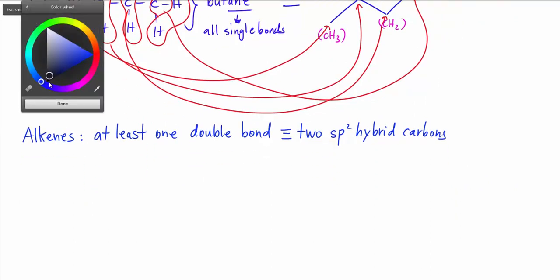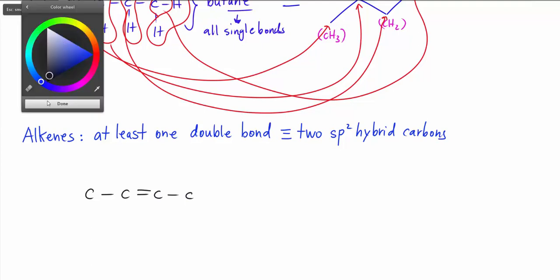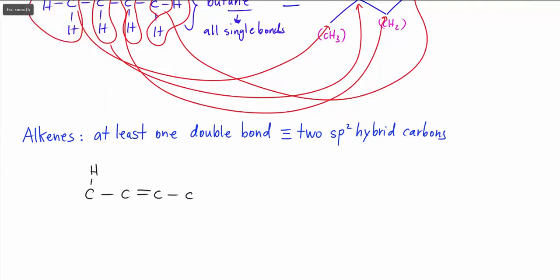So if I looked at a 4-carbon system for an alkene, let's say we have 4 carbons again, okay? And now I'm just going to arbitrarily put a double bond somewhere, and I'm going to fill up the octet with hydrogen.